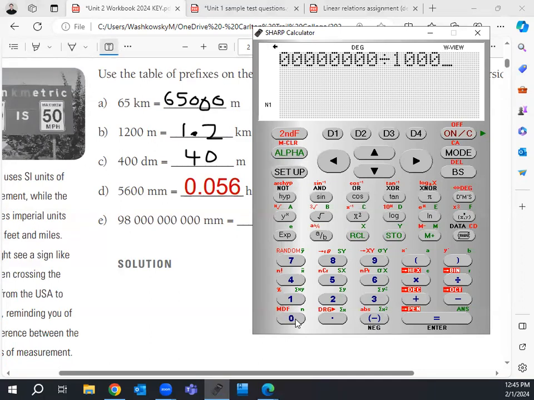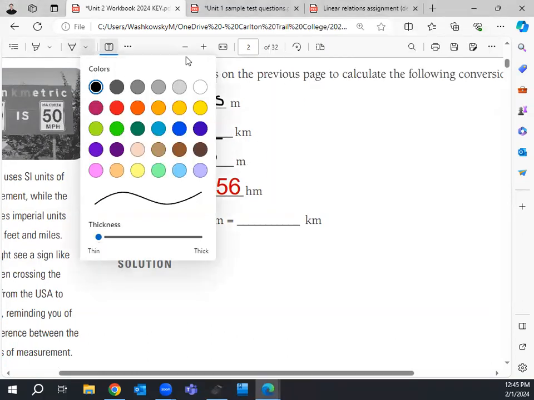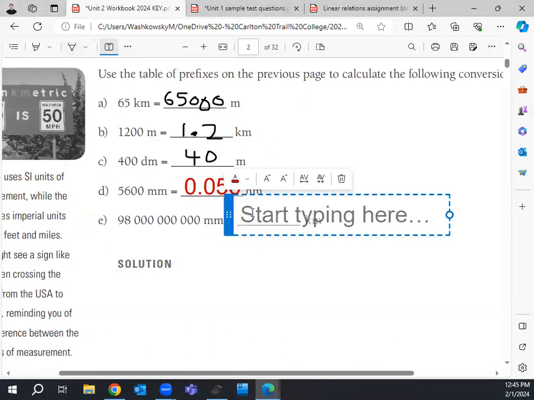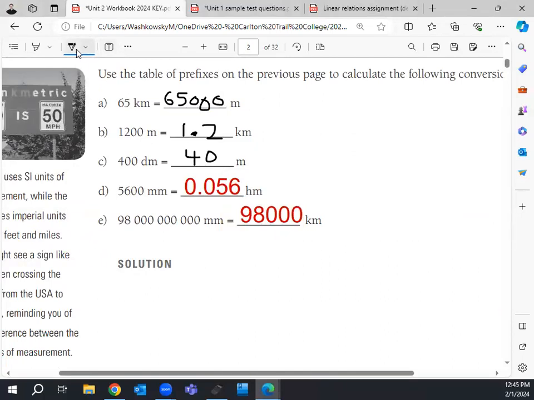Again, if you don't, you can always just do the log in your calculator, but that's going to give you 98,000 kilometers here. And like I said, you can always just choose to move that decimal for every 10 too. It's whatever you prefer. There's many, many methods.